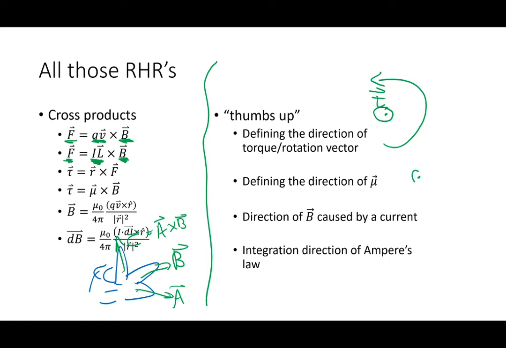We talked about how for a current-carrying loop, if the current swirls with the fingers, your magnetic dipole moment is going to be defined in the direction of your thumb. We talked about if you have a straight current, the magnetic field that gets generated is also given by a right-hand rule.